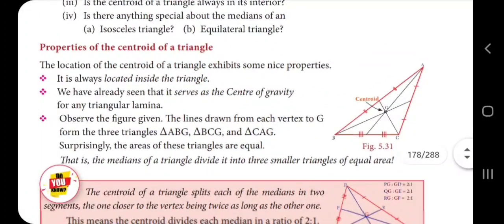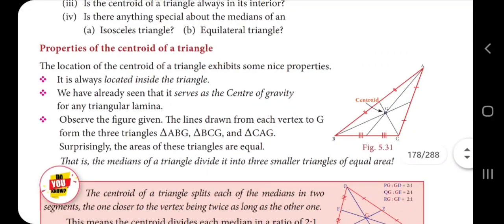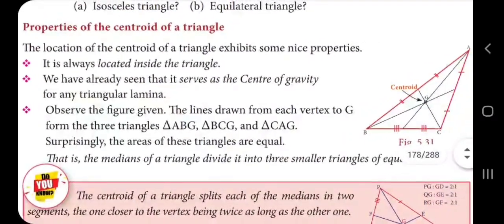Then properties of the centroid of a triangle. So what properties do we have for the centroid? It is always located inside the triangle, not outside of the triangle.